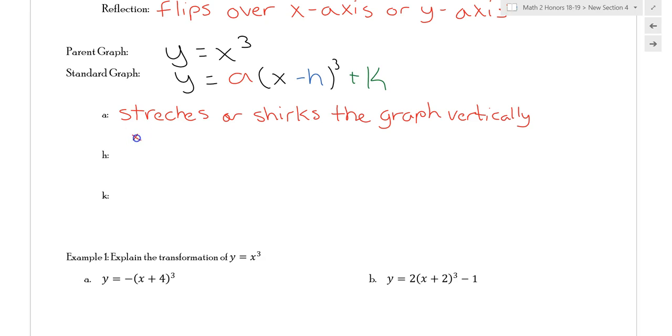If negative, it reflects over the x-axis. So we'll flip it or reflect it over the x-axis.